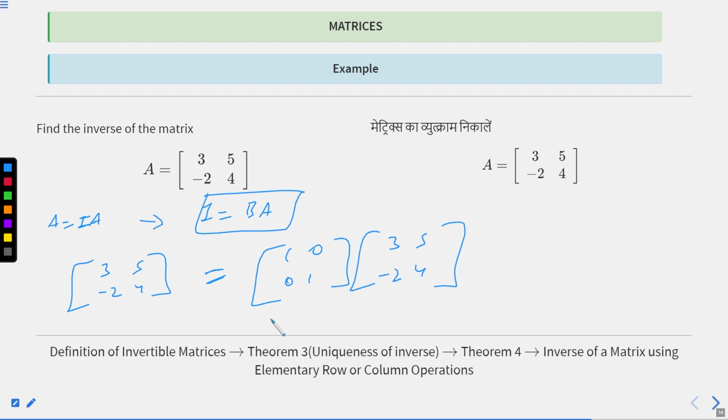Okay, I hope that it is clear to you. So don't worry, we will be back soon with the upcoming sessions of this inverse of a matrix using elementary row operation.